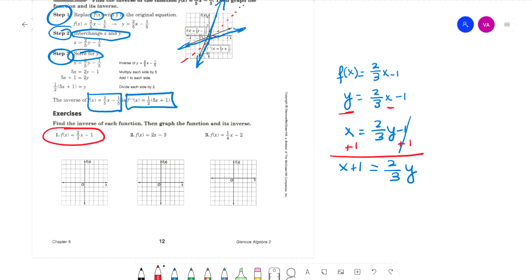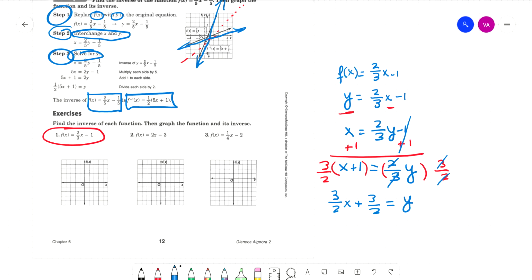Now I'm going to multiply both sides of my equation by 3 divided by 2, both sides. So what I'm going to get is 3/2 x plus 1 times 3/2 is 3/2. And the 2 goes away with the 2, the 3 goes away with the 3. So when I simplify this side, I just get y.